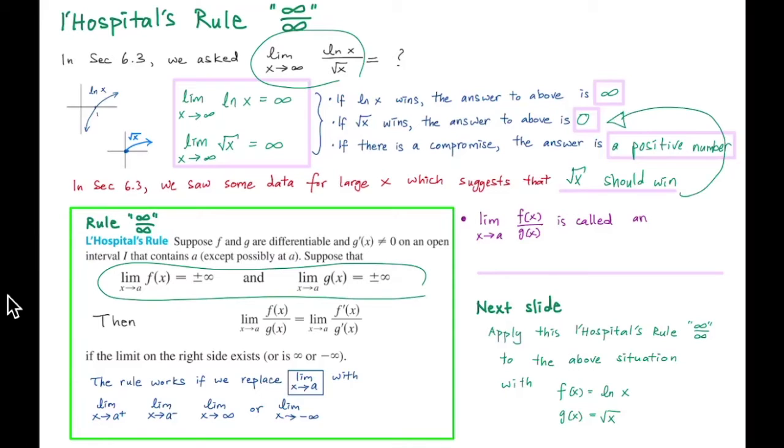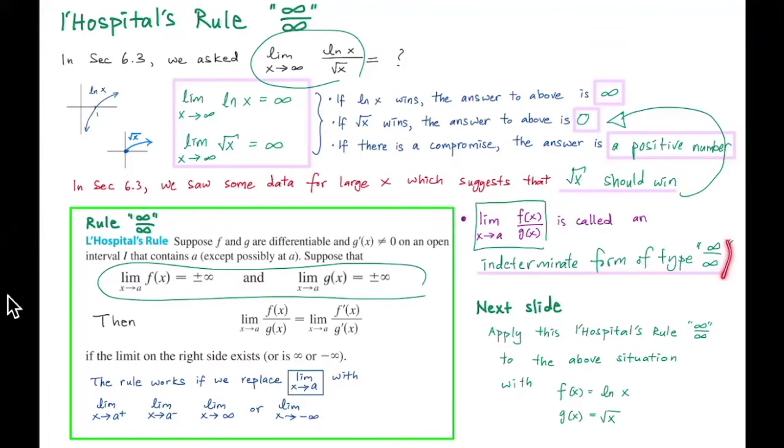But usually we will work with functions where we don't have any data, but we can compute the limit using L'Hopital's rule. This quantity is called an indeterminate form of type infinity over infinity.